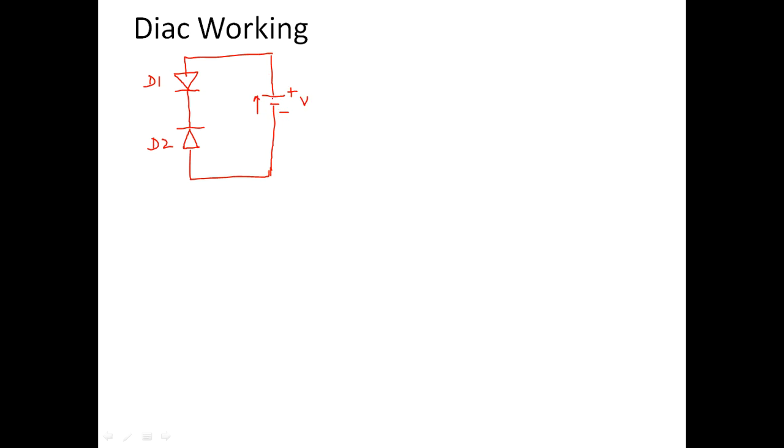Whenever I apply an external voltage V, diode D1 becomes forward biased. Let me write it as FB. FB stands for forward bias. But what will be the status of diode D2? It is reverse biased, right? Because I am applying positive voltage to the cathode of diode D2 and negative voltage to the anode of diode D2.